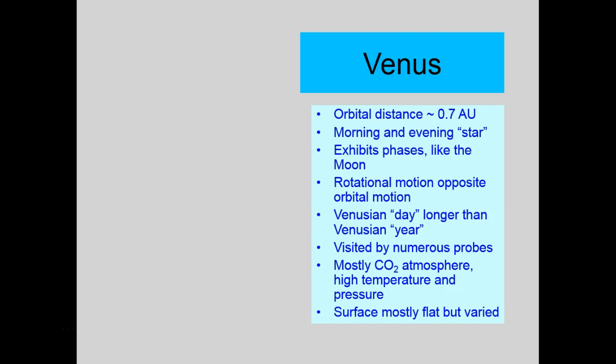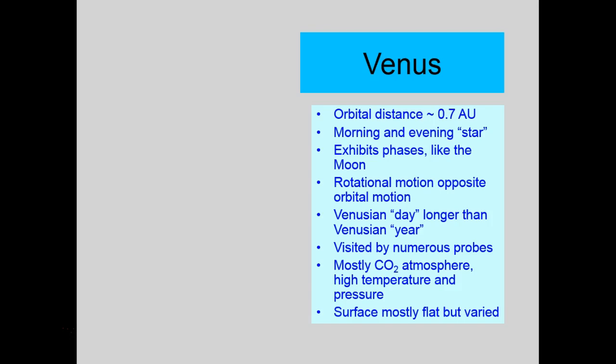But you wouldn't see that very frequently because its day is longer than its year. It takes a longer time to spin once, and spinning backwards too, remember, than it does to go all the way around the sun. It's really a slow spinner, going backwards, slow spinner, and going around. So if you look at the table, you get the exact dates. I think I gave them to you before.